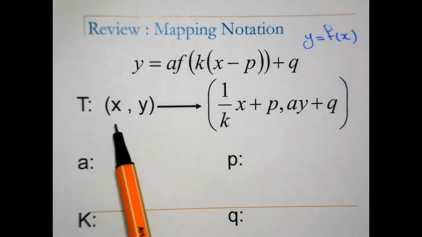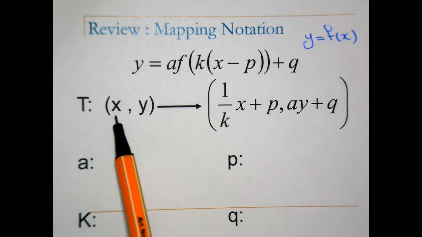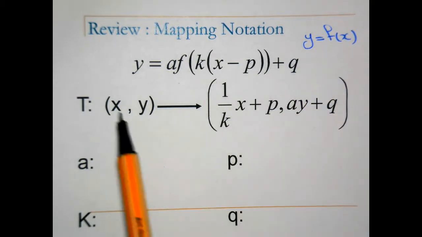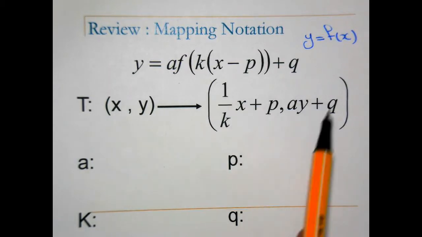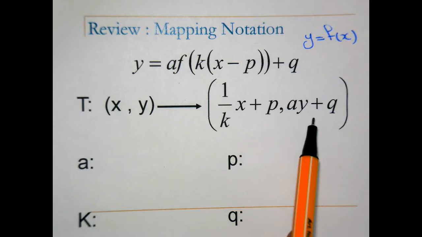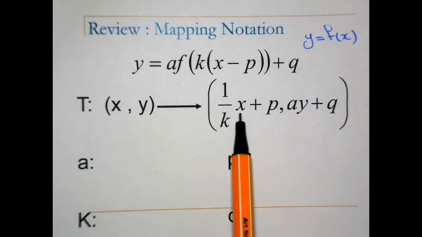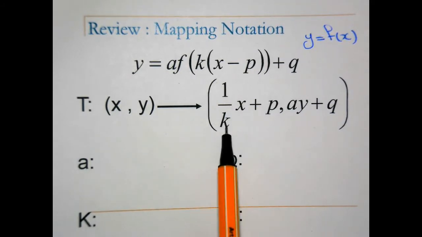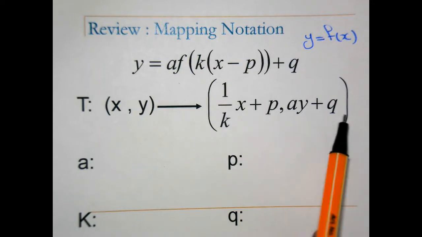The mapping notation said that if you have a point x and y on your original function, and you have the table of values for your original function, you can find the corresponding points on the transformed function by using the x will be transformed into 1 over k x plus p, and y will be transformed to a y plus q.